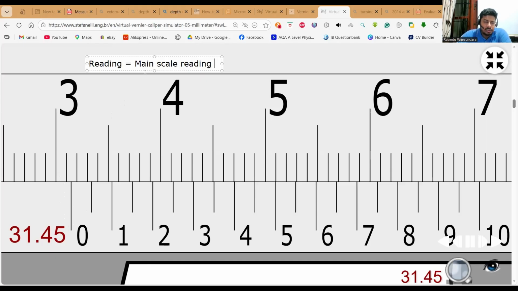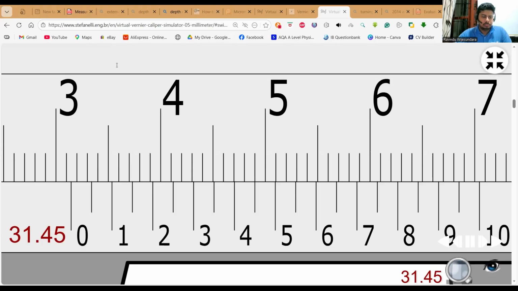The main scale reading is the reading which has been passed by the vernier scale 0. So in here it is actually the 31st, or 31 is the reading. Main scale reading is, I will put in the brackets here, 31, right? 31 millimeters.